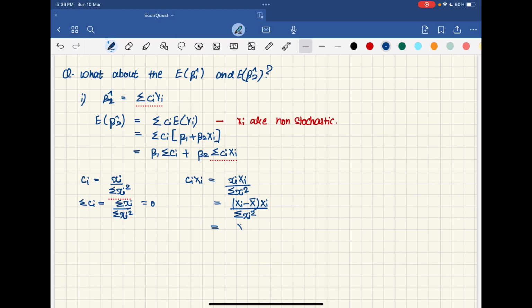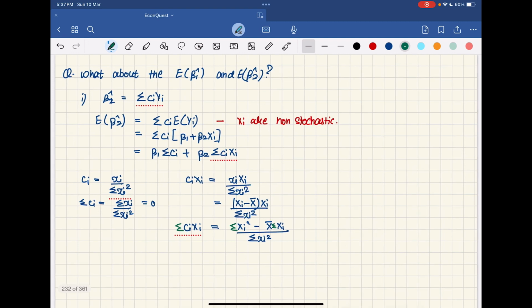And you can write it as this thing, right? Now let's take the summation of this, right? And divide and multiply the second term by n.